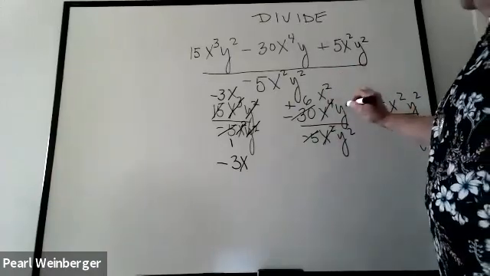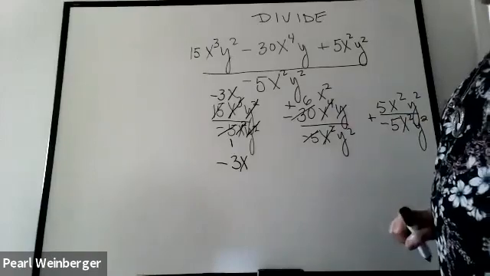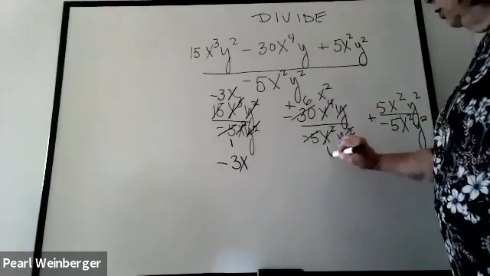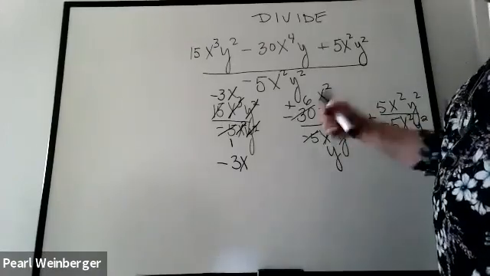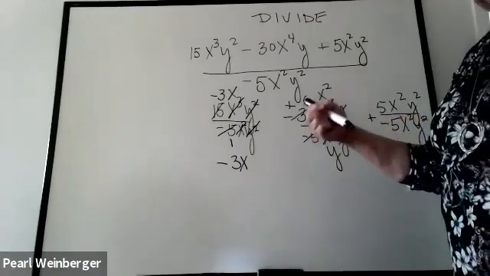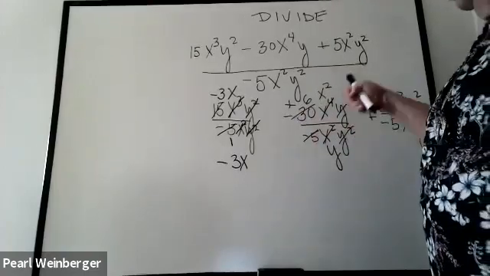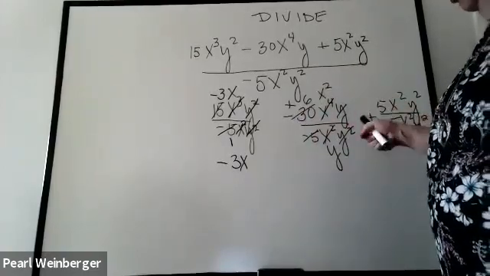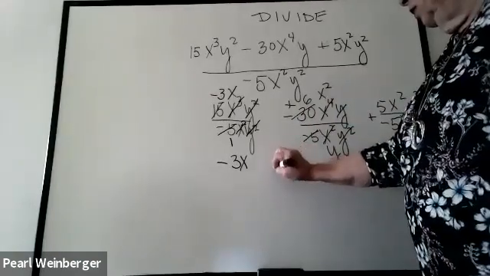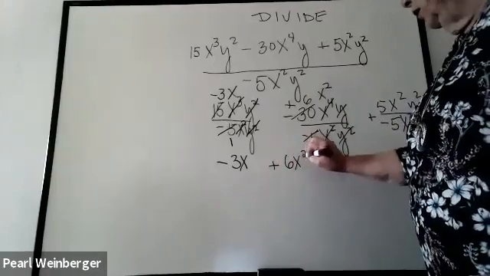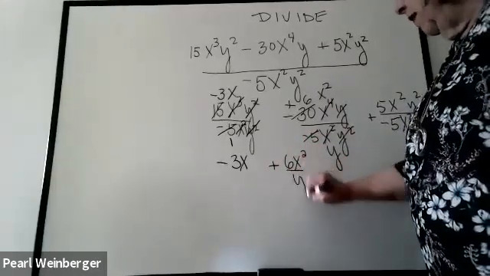And here the y is the one with the lower exponent. That cancels out. And 2 minus 1 is 1. So we're left with a y in the denominator. Remember, you're always left with the variable where the larger exponent was. So my second term comes out to be plus 6x squared over y.